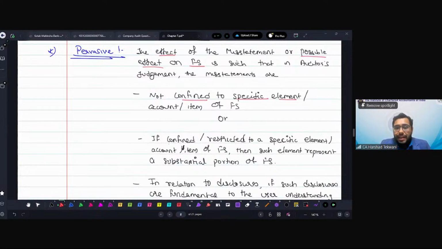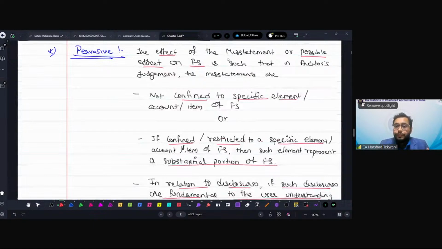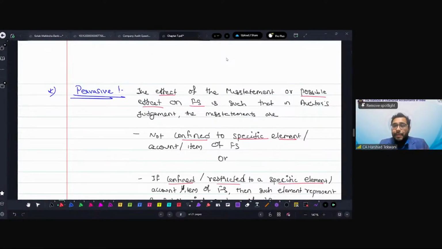Or if it is confined or restricted to a specific element, but it is a substantial portion of my FS, or it is related to a disclosure, if such disclosures are fundamental to the user's understanding, for example, going concern. In such a case, I would say the effect of that misstatement is pervasive also, and that will lead to either an adverse or disclaimer of opinion.